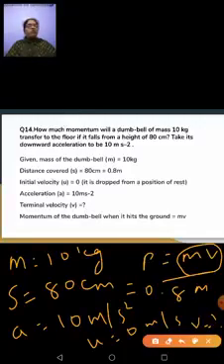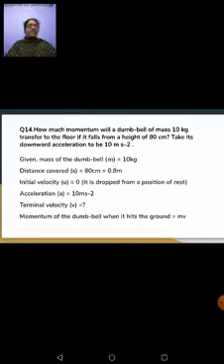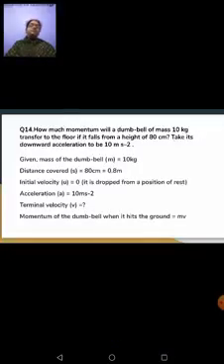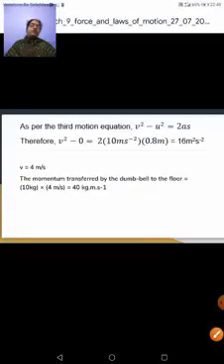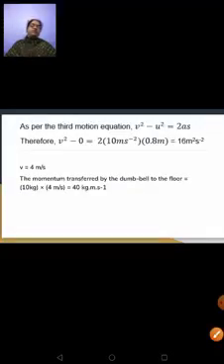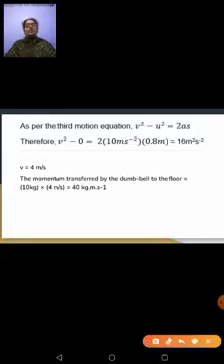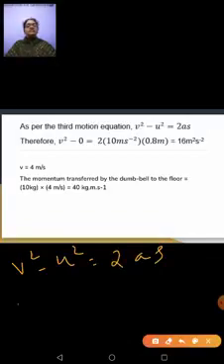Now to calculate v, we have to use this equation of motion. We need to calculate v, so we'll use this equation: v square minus u square is equal to 2as, or we'll take it like this itself, v square is equal to u square plus 2as.